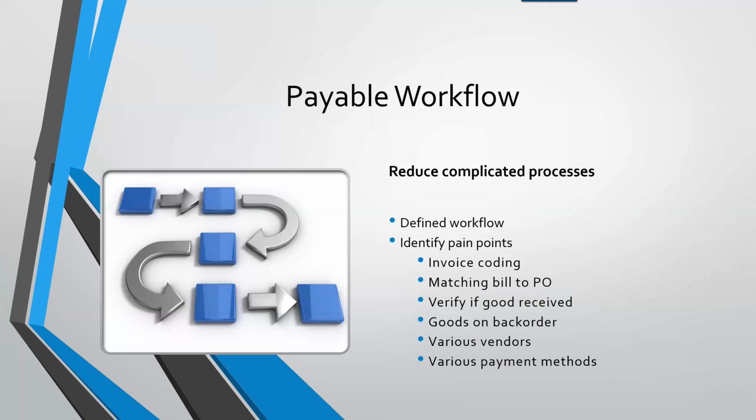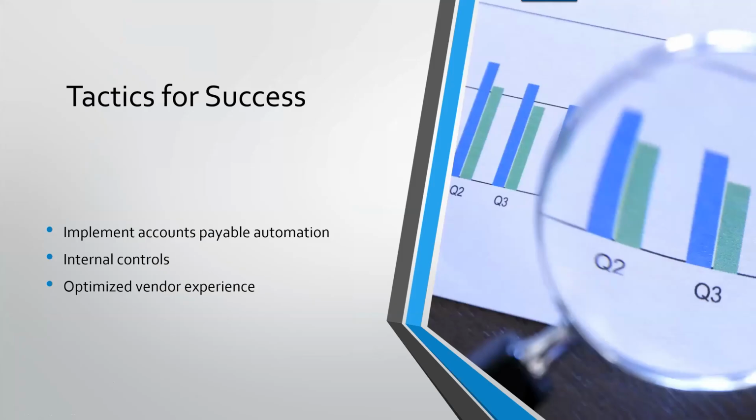Matching the bills to the POs, so those various 2- and 3-way matching, some of those things can be automated. I'm going to talk about that just a little bit, but there's lots of opportunities to create some success and some tactics for being able to have internal controls.